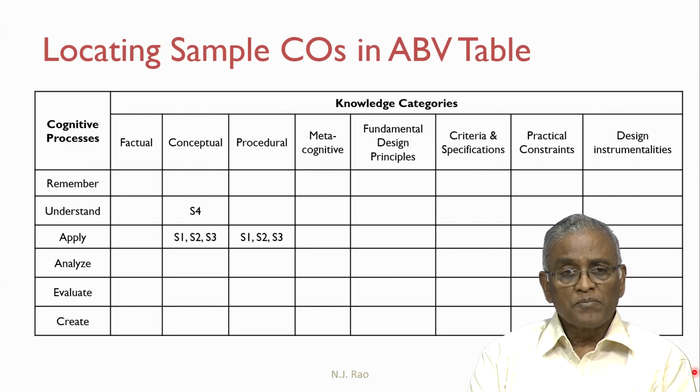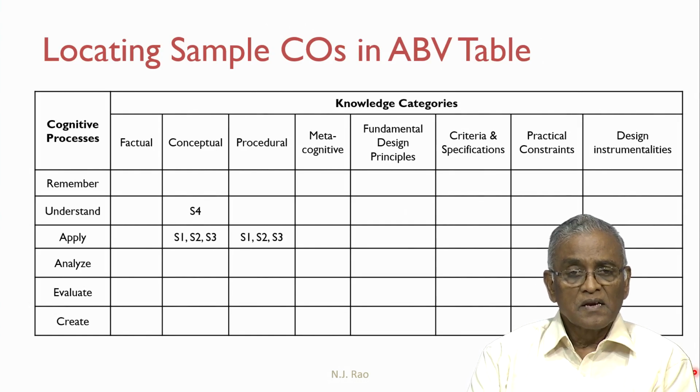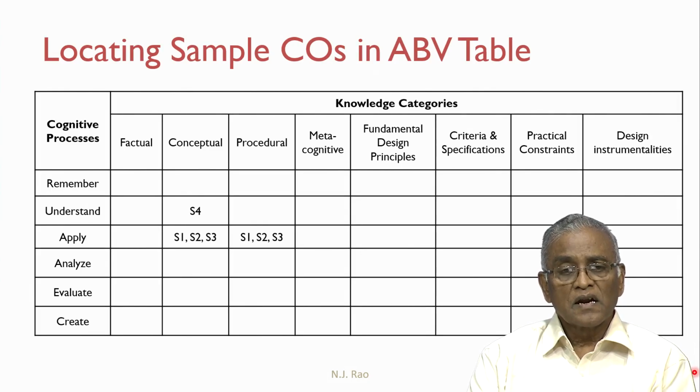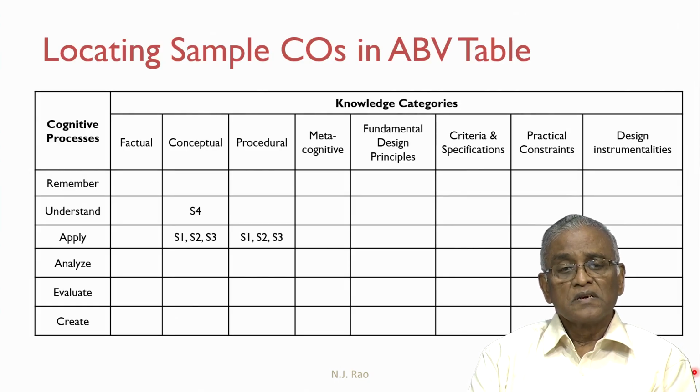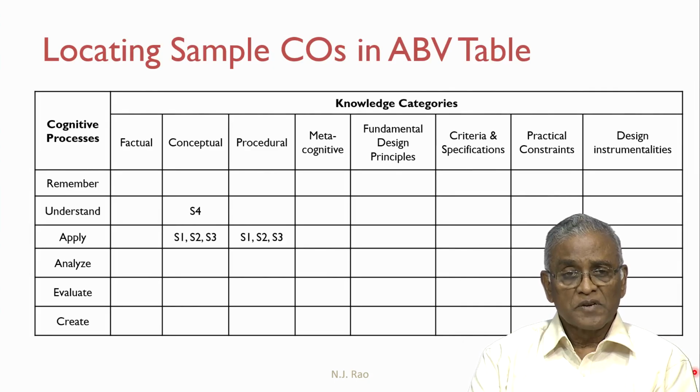So, the samples will come under 2 categories here, S1, S2, S3. 3 samples are located in apply, conceptual, apply and procedural, whereas the sample 4 comes under understand and conceptual. Okay, that is how you locate the COs in taxonomy table.